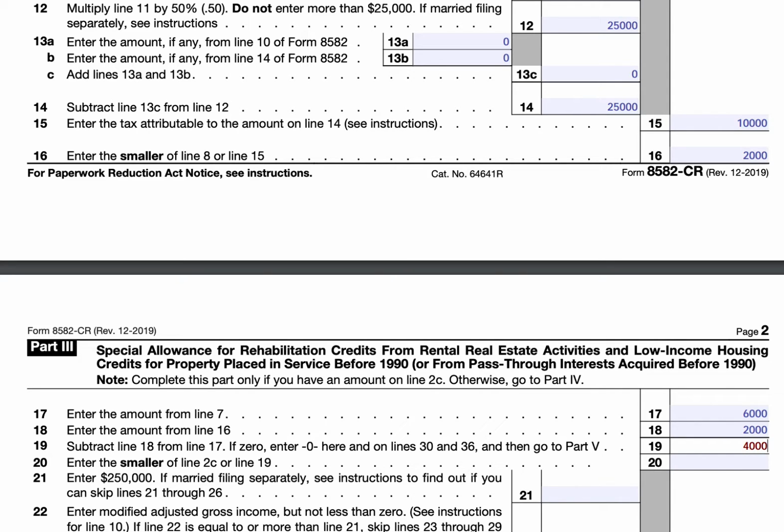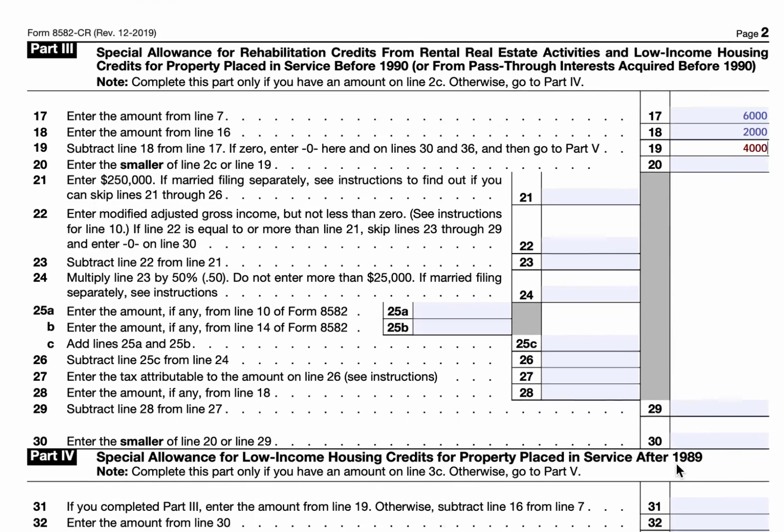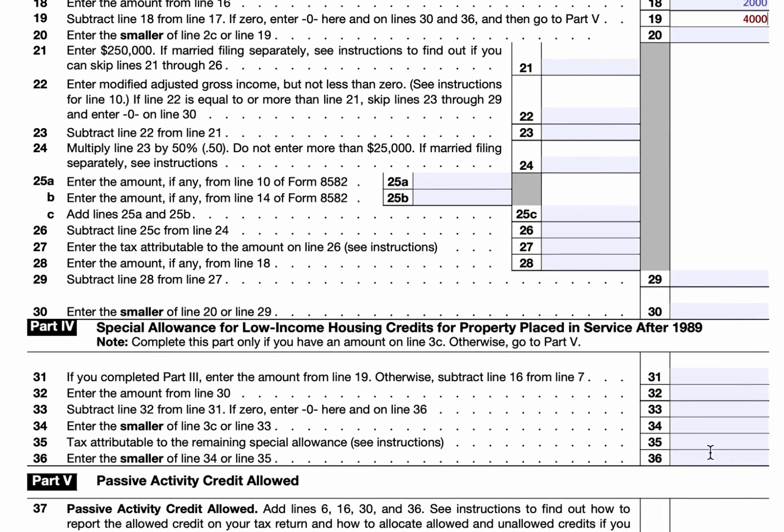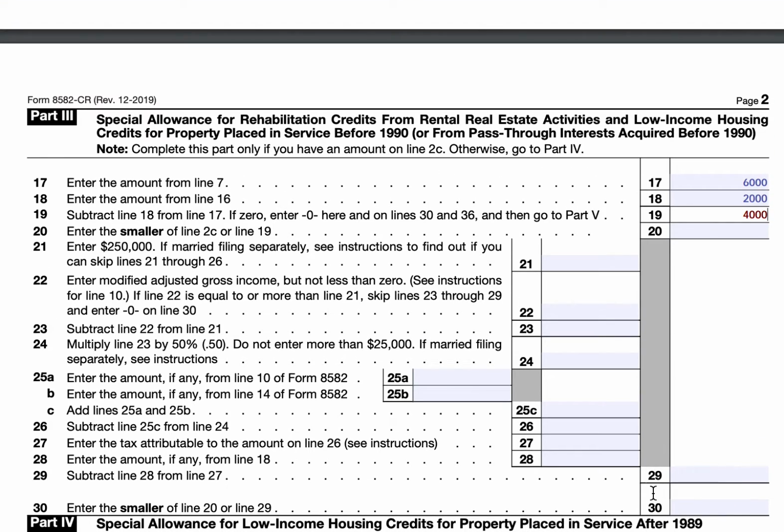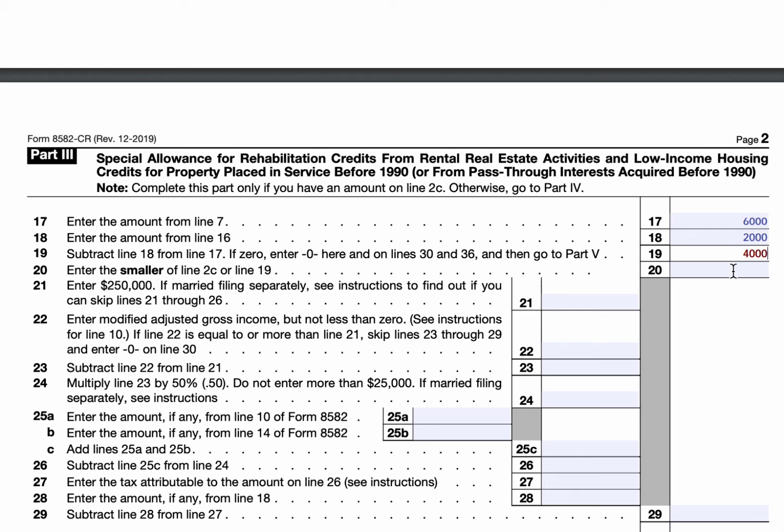If this were zeroed out, you would enter 0 here. You would go down to line 30 and 36 and enter 0, and then we would go directly to part 5. Since this is not 0, we're going to enter the smaller of either line 19 or line 2C. And if you remember, line 2C was $2,000. We're going to enter that here.